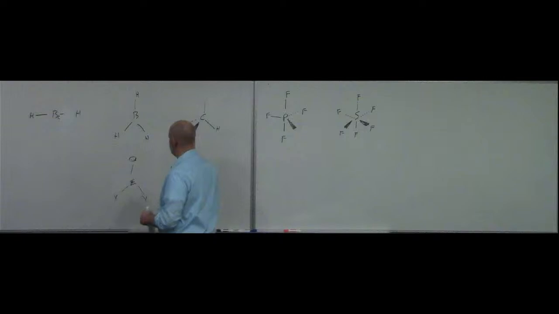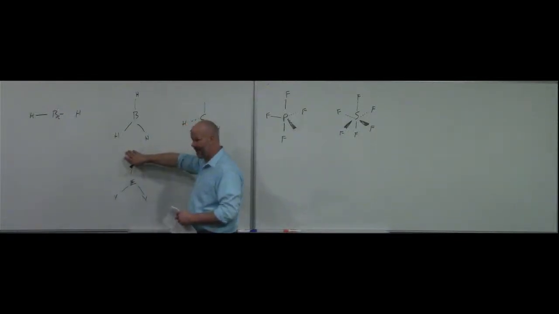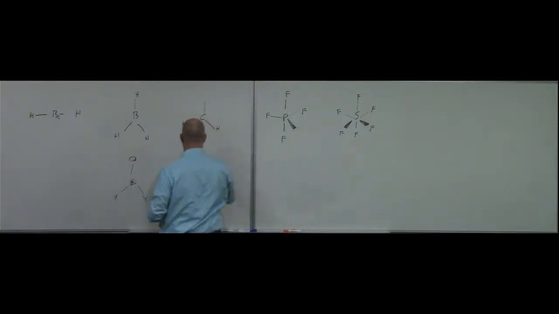So in this case, you don't count these, right? We're looking at everything. This one we're now only looking at where I've actually got atoms, right? So we don't count this one. So it's not trigonal planar anymore. What is this one? Bent. This one's bent.